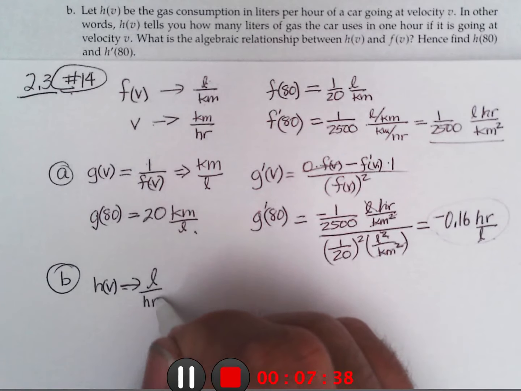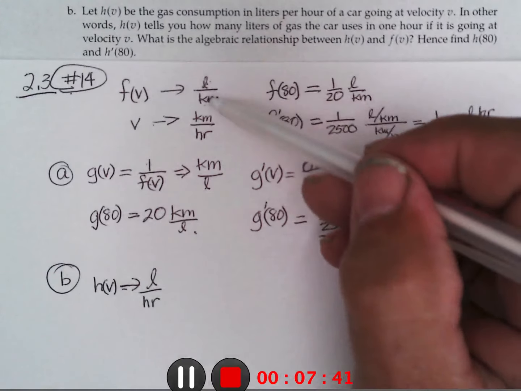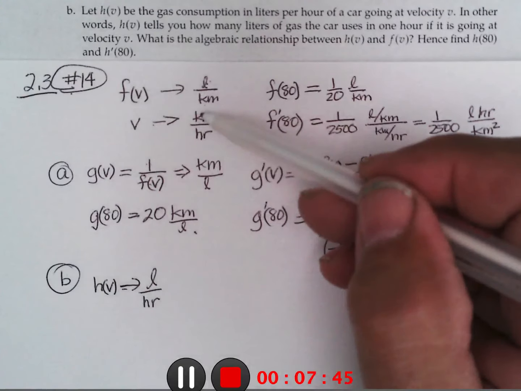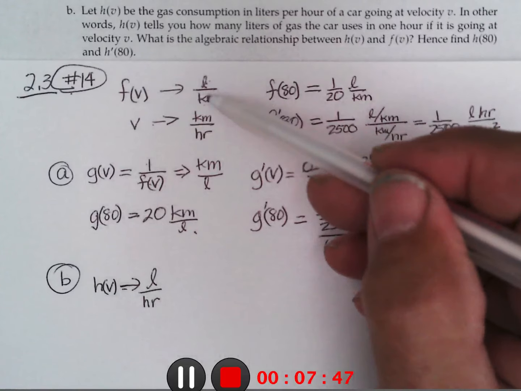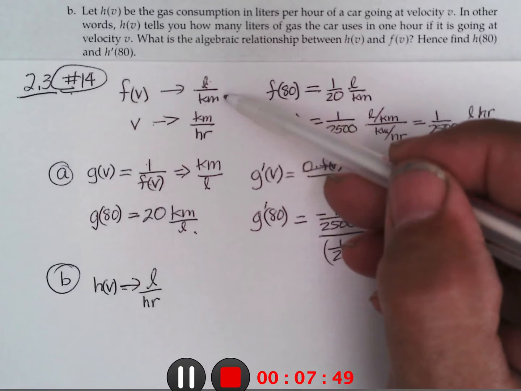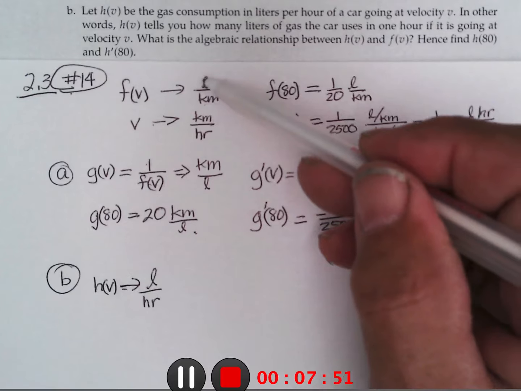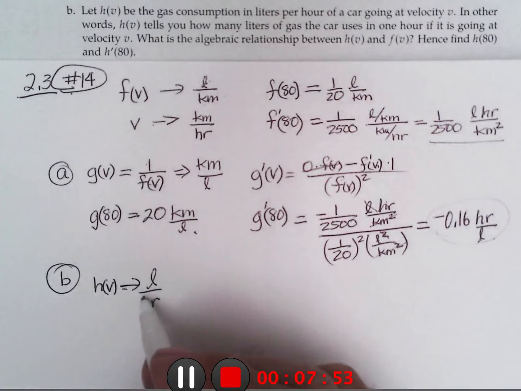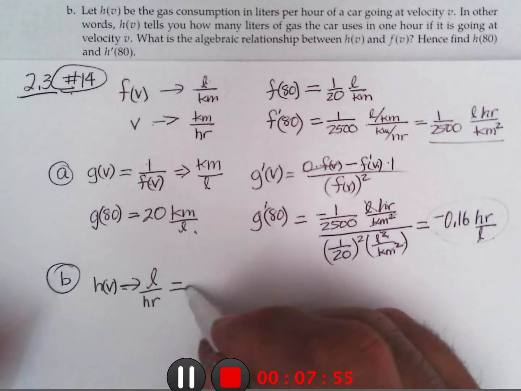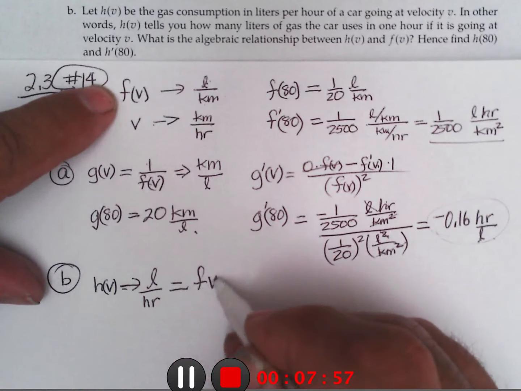While we have liters per kilometer as F of V, if we multiply it by V, we'd have liters per kilometer times kilometers per hour, and the kilometers would cancel, and we'd have liters per hour. So H of V must be F of V times V.